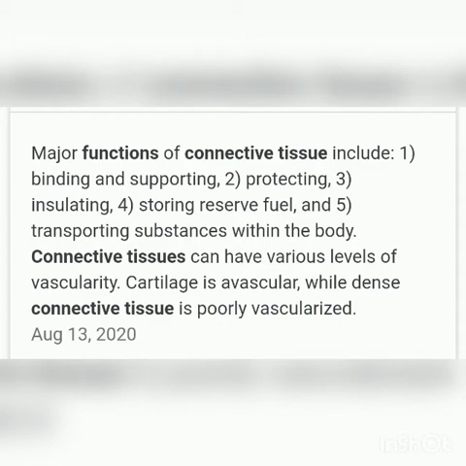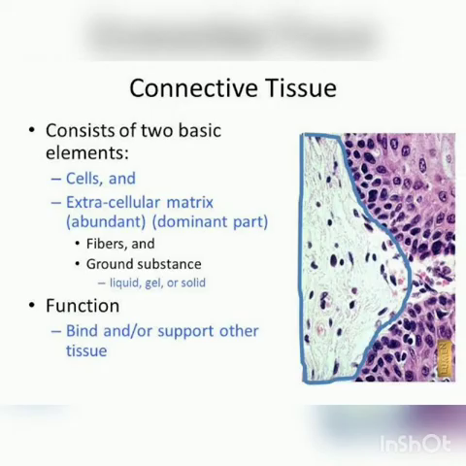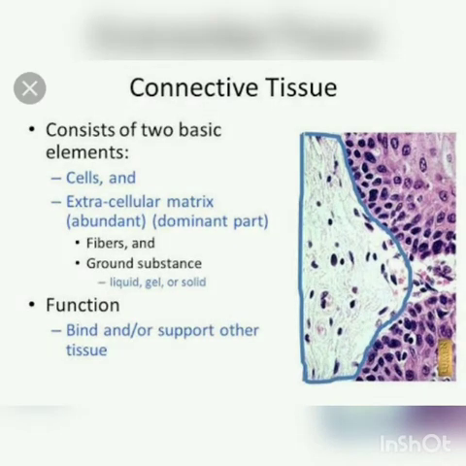So connective tissue helps in binding the bones or the muscles, and it gives a mechanical support. It protects and it acts as an insulator, and it helps to transport substances. Not only this, it is also involved in immune response.